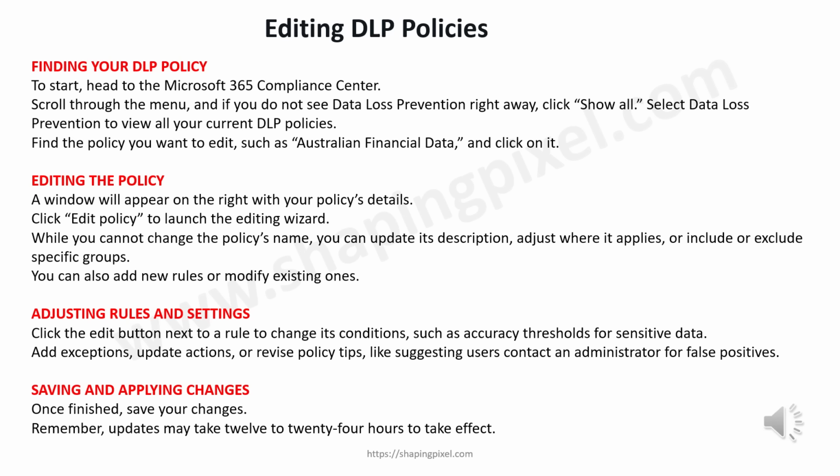Click the Edit button next to a rule to change its conditions, such as accuracy thresholds for sensitive data. Add exceptions, update actions, or revise policy tips like suggesting users contact an administrator for false positives. Once finished, save your changes. Remember, updates may take 12 to 24 hours to take effect.